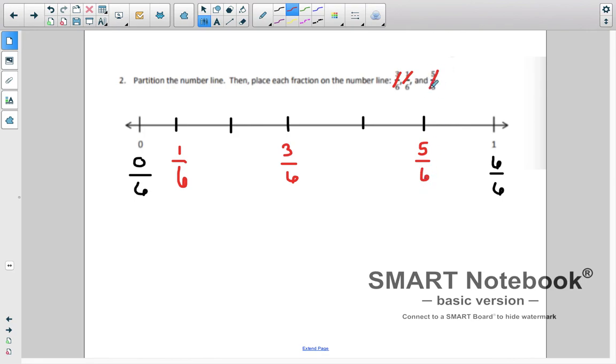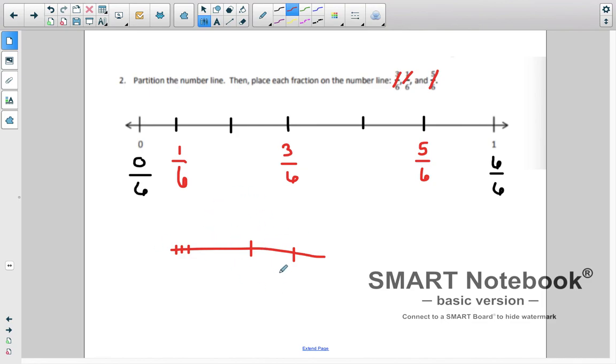All right. So remember, the first thing you want to do is label your endpoints. Then you can partition your number line, and then you can find the fraction that it's asking you to find. So endpoints, partition, then find your fraction. Also, I want to point out, you see that my tick marks are in equal parts. Make sure that you're not making your number line like this. I don't want to see that.